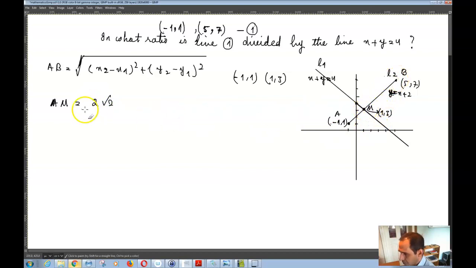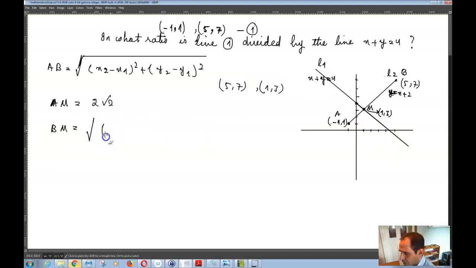Now BM, the points are basically (5, 7) and (1, 3).